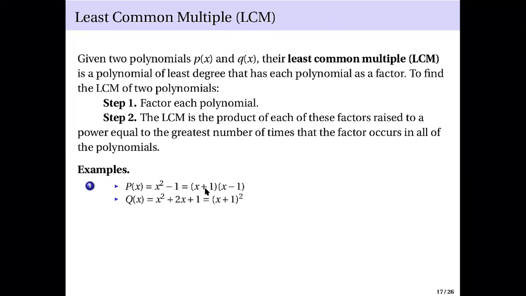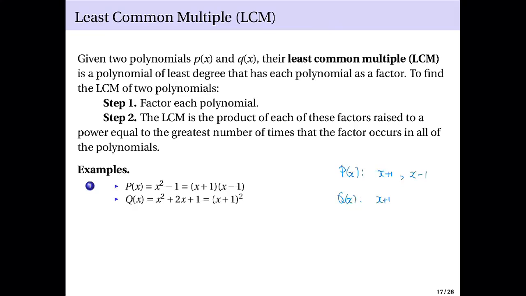So the factors that we see here for p of x are x plus 1 and also x minus 1. For q of x, the factor that we see here is x plus 1, and it is being raised to the power 2. But the factor is just x plus 1.